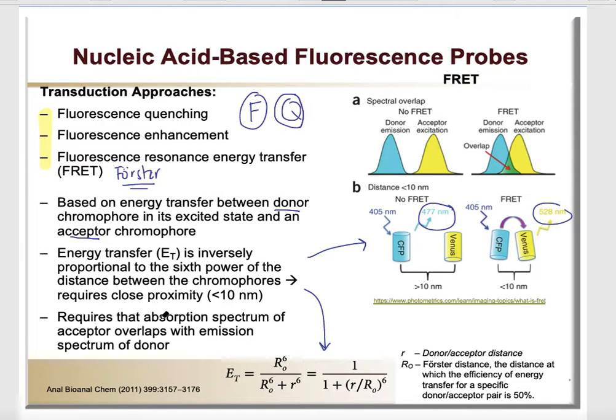Now, the other requirement for FRET to occur is that the absorption spectrum of the acceptor molecule has to overlap with the emission spectrum of the donor. What that means is that the energy that has been accepted by that acceptor needs to be transferable. The energy that has been already absorbed by what we know as the donor has to be transferable to the acceptor.